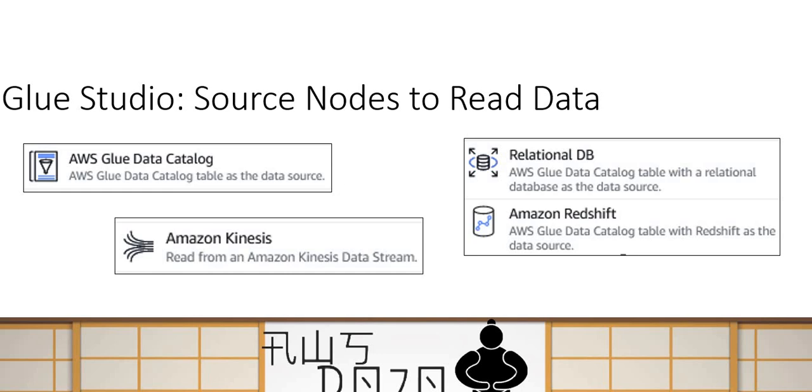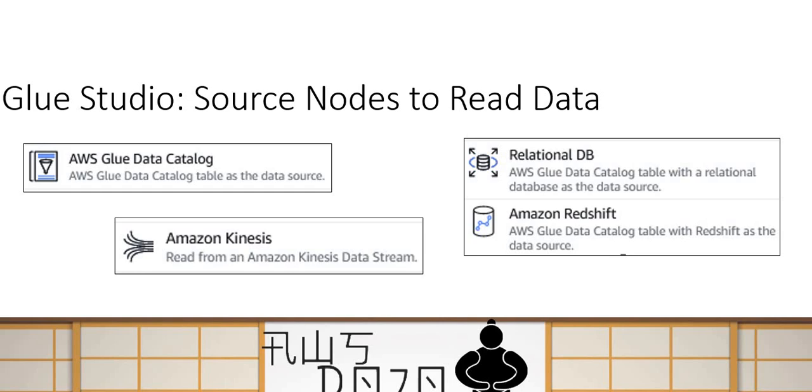You can use the Glue Data Catalog source node, which can be used to read data from a Glue catalog table, or Kinesis, which can read data from a data stream, or you can read data from relational databases like MySQL, Postgres, SQL Server or Oracle, and you can also read data from Amazon Redshift. These are a few source nodes. It's not the complete list, but I just gave you some examples so that you understand what exactly source nodes are.